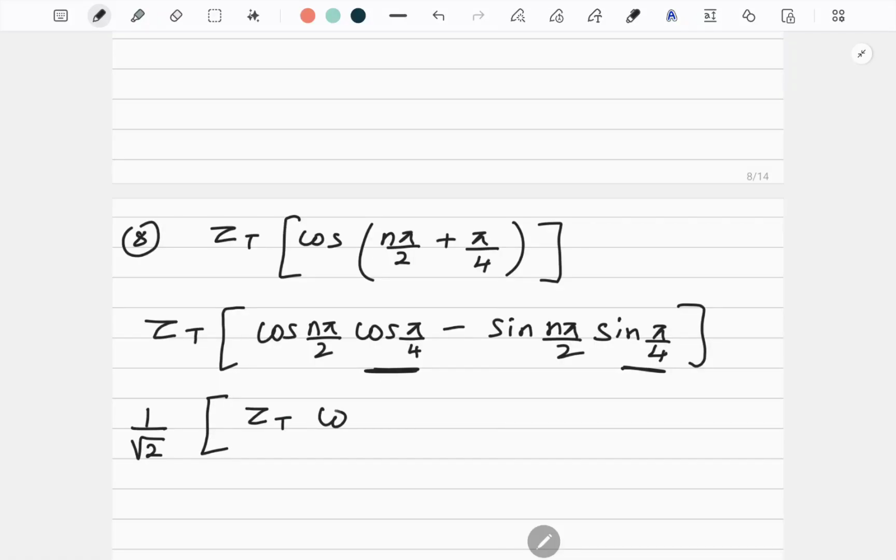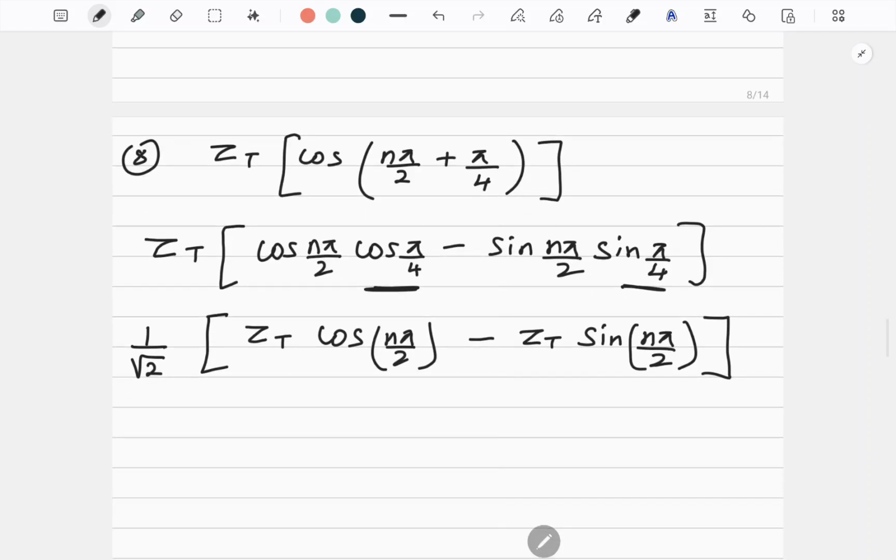z transform of cos n pi by 2 minus z transform of sin n pi by 2. Correct? Now, the moment you got this, again you can directly use the formula of z transform of cos n theta and z transform of sin n theta.